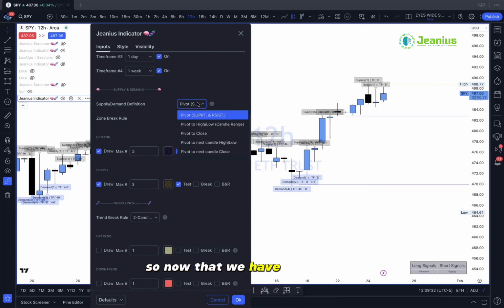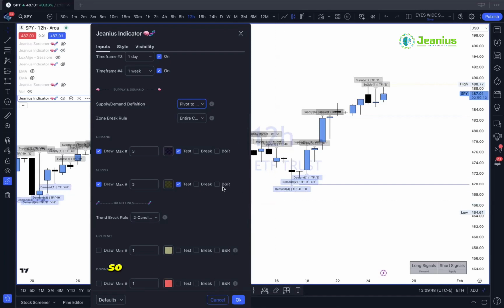So now that we have that defined, you also have your pivot high to low. So your pivot high low candle is pretty much just the pivot from the low of a candle to the high of that exact same candle, not the next candle, but the exact same candle. So let's see how Jeanius calculates and finds supply and demand zones where it pivoted from that specific candle's high and low.